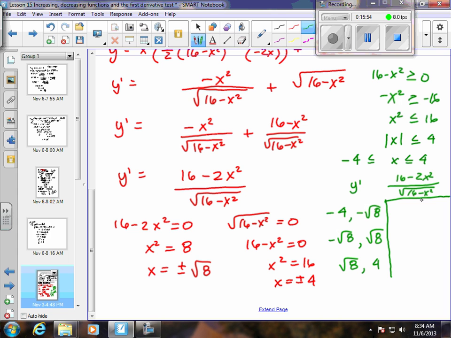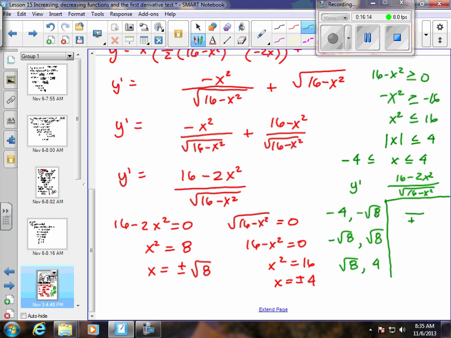The denominator, the square root of 16 minus x squared, is always positive because it's asking for the principal root. So I don't really have to worry about the denominator, but I need to pick my number in the interval to put it in the numerator.